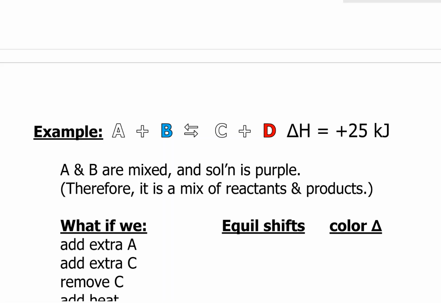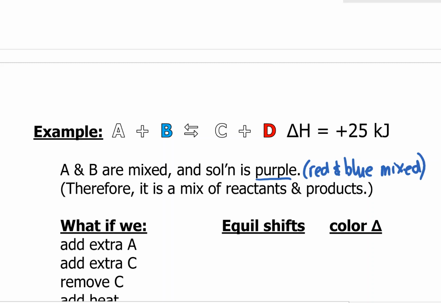So on this one, A is colorless, but B is blue. And C is colorless, but D is red. And so on this one, when A and B are mixed, so we mix these reactants, the solution is purple. And if you don't know, purple is when you combine red and blue. So we mix red and blue dyes, we get purple.